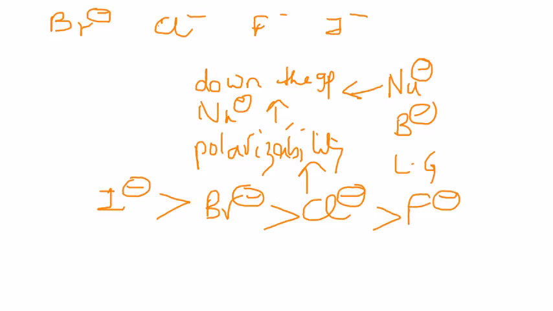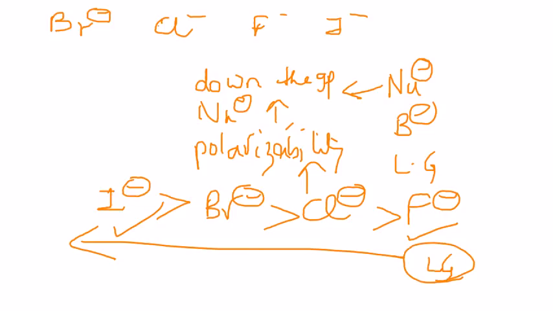If you look at the leaving group capability, it follows pretty much the same trend, because the conjugate acid of I minus is going to be strongest. HF, you know from general chemistry 2, that the bond between hydrogen and fluorine is going to be pretty strong, and so that's not acidic at all. So both leaving group as well as nucleophilic character have the same order.